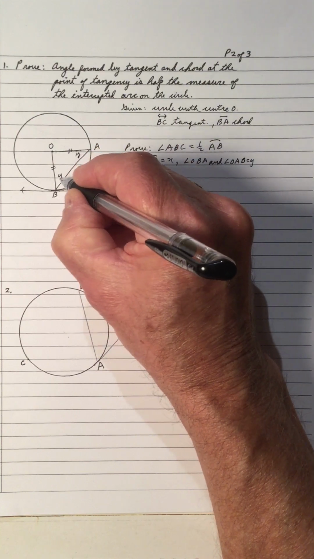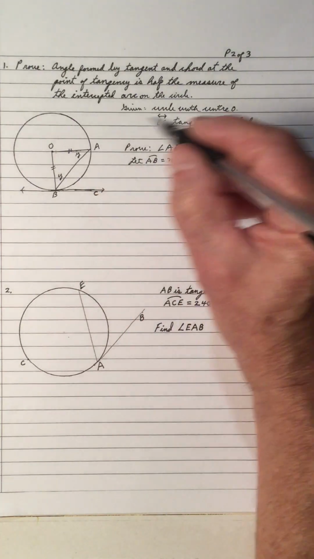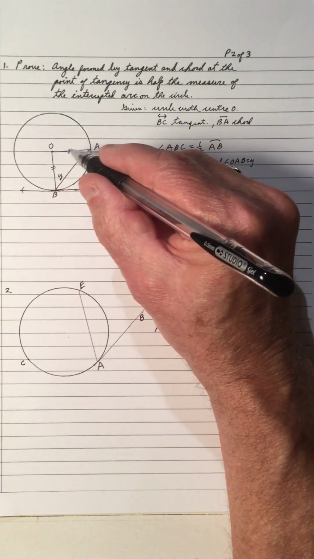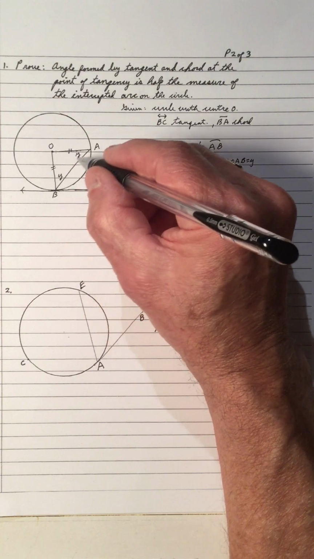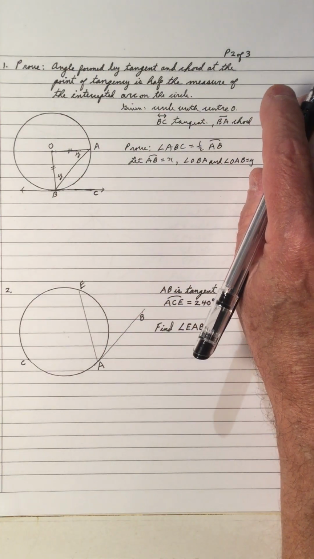I'm going to let these two equal angles be Y each. It just makes it easier to prove without going A, O, B, B, A, O, using 3 letters. We're going to use just 1 letter for the angle.